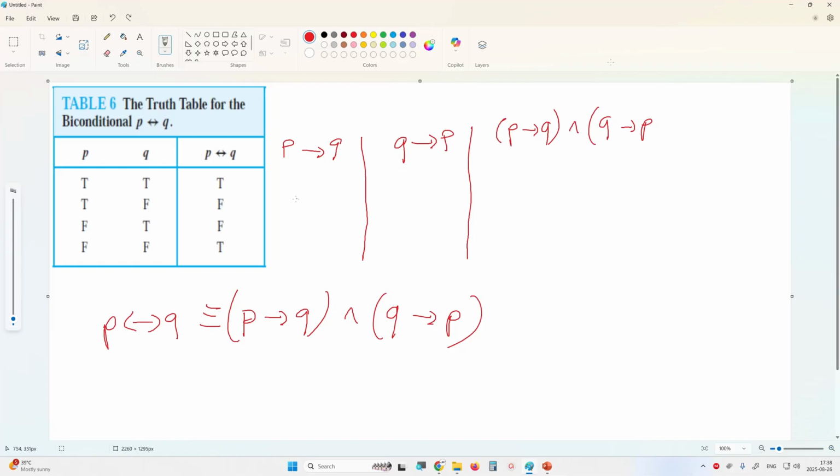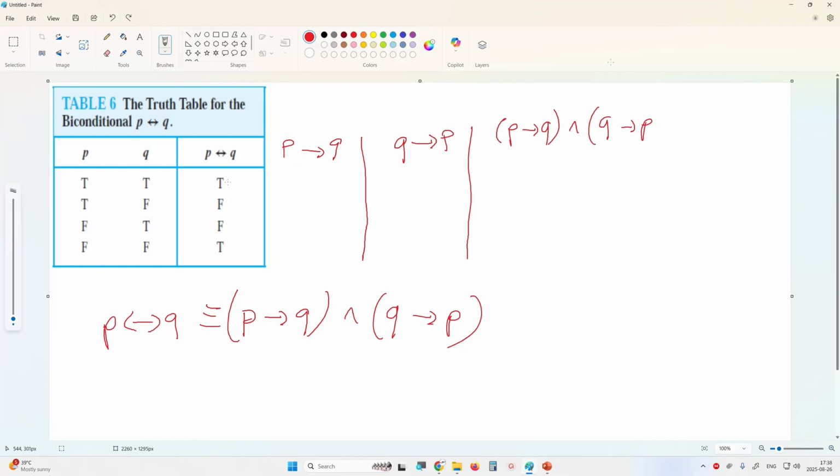So let's find out. If you would like to participate, just activate your microphone and talk about it. So we have if P then Q.